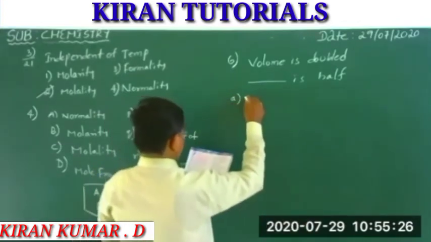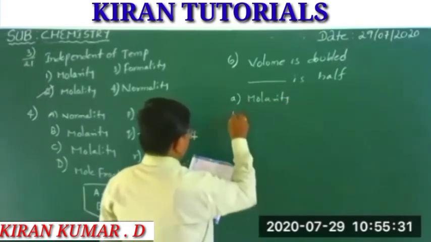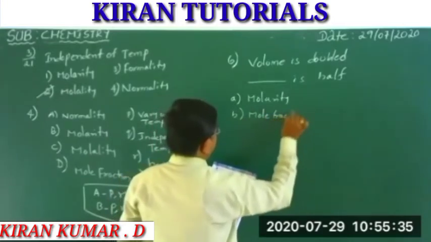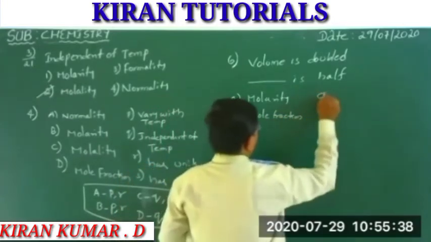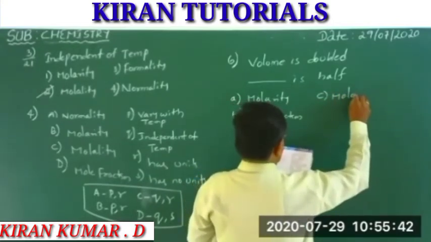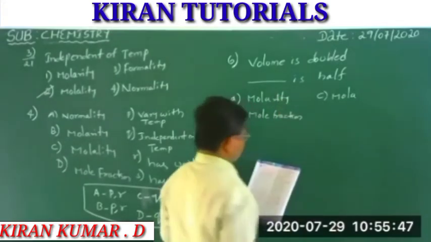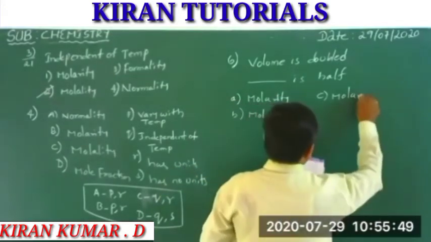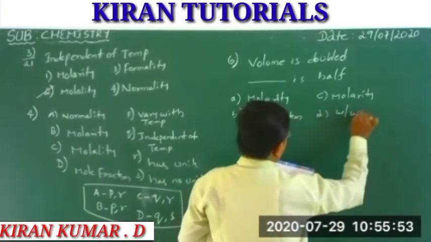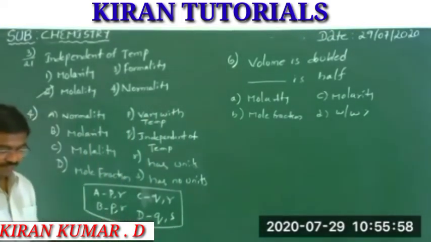The first one, molarity. The second one, mole fraction. Third one, molality, and weight by weight percent. Clear? So which one, anyone?